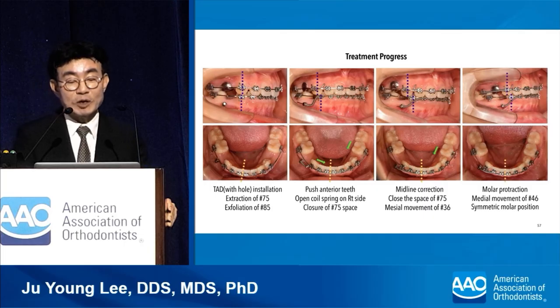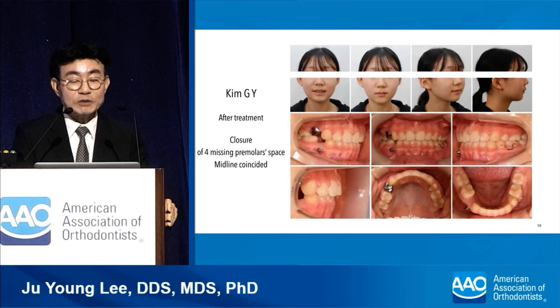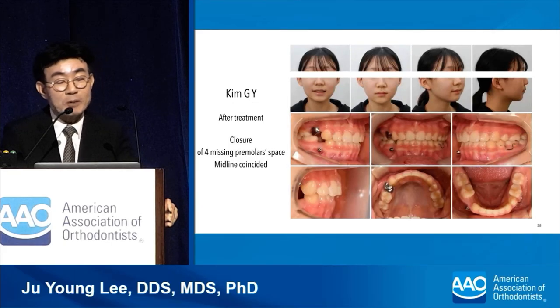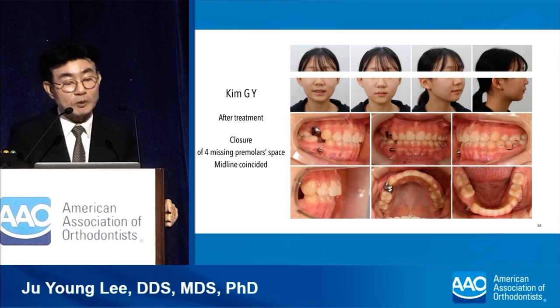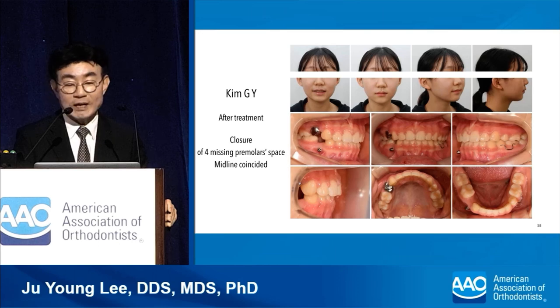Then the symmetry of the molars was restored while adjusting the implant space for moving the mandibular right molar mesially. Using one TED and pushing force, the symmetry of the mandibular arch was restored. TED-supported pushing force can be effectively used when the anterior and posterior teeth need to be moved in one direction.